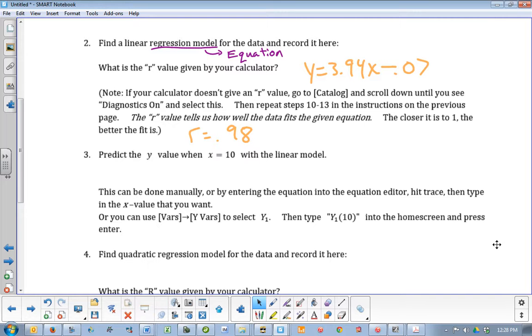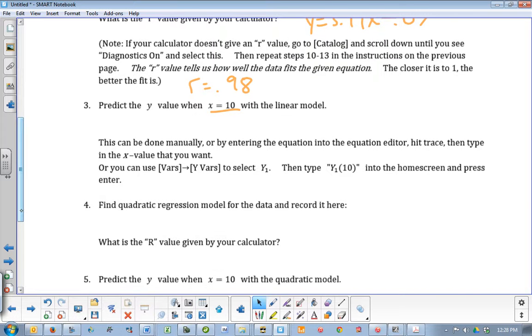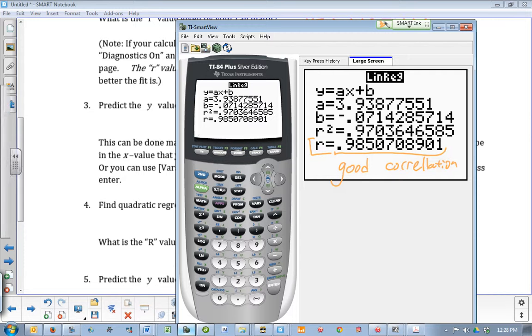Okay? So now we want to predict the Y value when X is 10. So we've got this model, and we want to know, well, what should we expect when X is 10? What goes over here? So we just need to plug 10 into the equation. Well, our equation has this big old decimal. All right? And so we got a couple options.